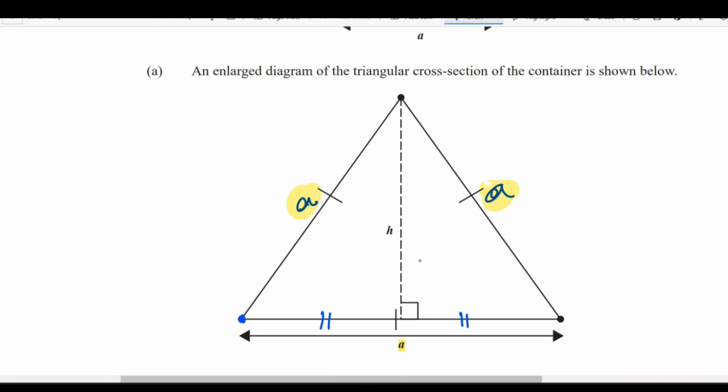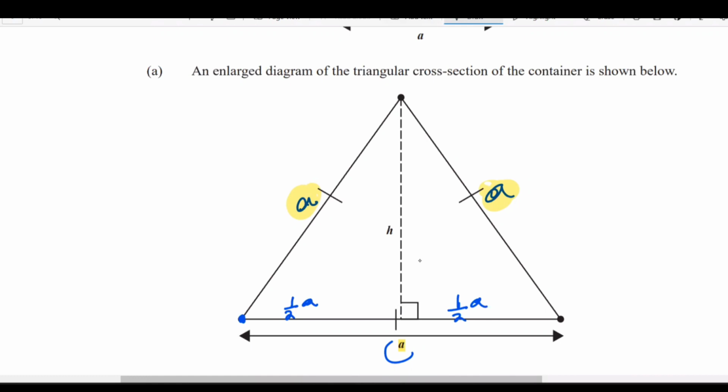So we can say that this is half A and this is half of A, and together, when you add them, you get 1A. The perpendicular height always cuts the base in half.